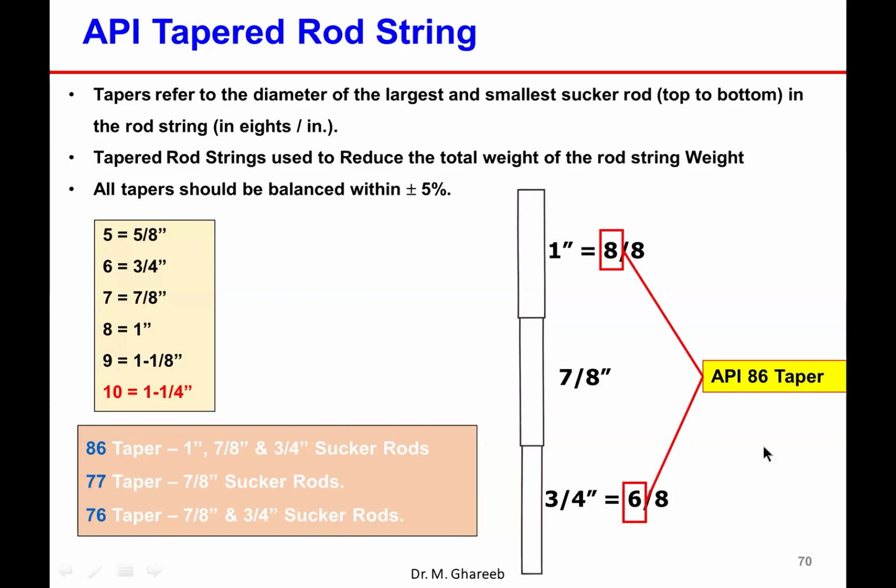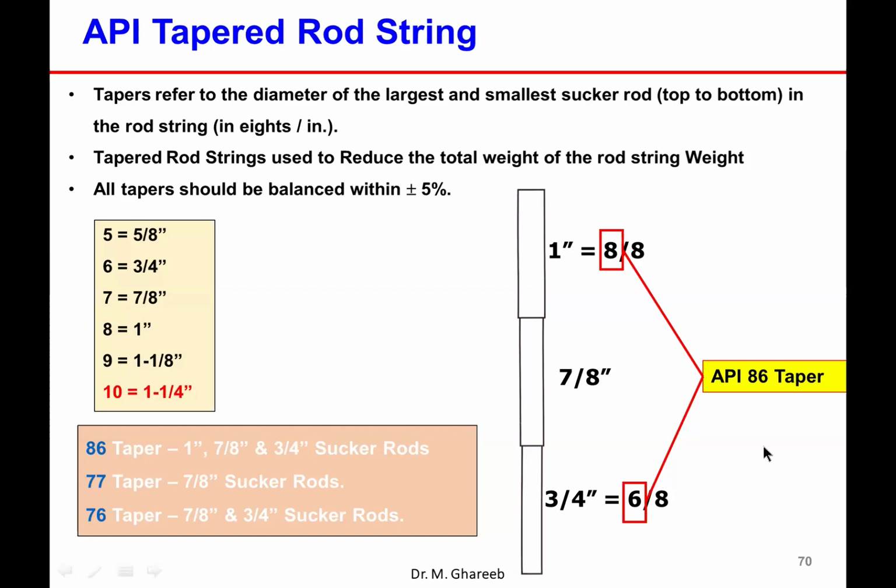When you are reading a book or a well report, and someone says I have an API 86 rod string in this well, it should immediately come to your mind that 86 means at the top you run 1 inch, at the bottom 3/4 inch, and in the middle for sure 7/8 of an inch. This is what you call an 86 tapered rod string.